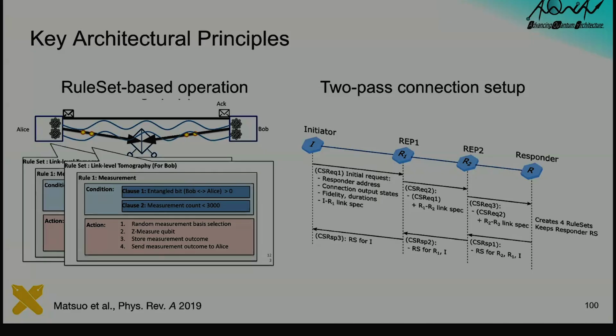Once you have that, you have this SDN-based, rule set-based structure for how your connection is going to operate. If you've done a good job of it, then that will all make forward progress, and it will be a reasonably efficient way to create the end-to-end Bell pairs. One of the things about this, by the way, because this is not done by a centralized system, is that it allows for innovation at the responder.